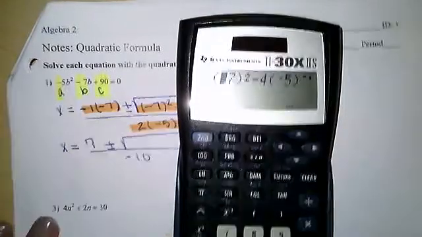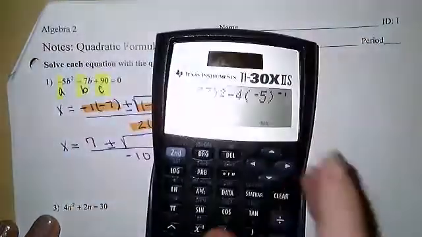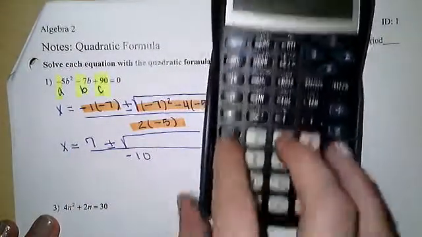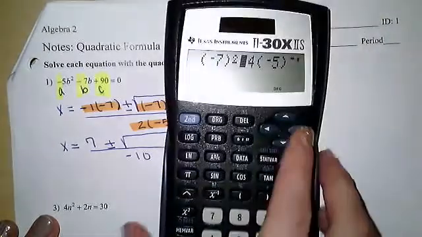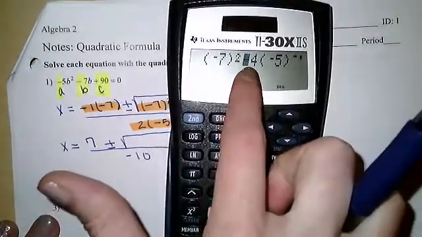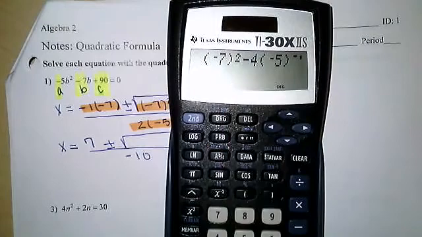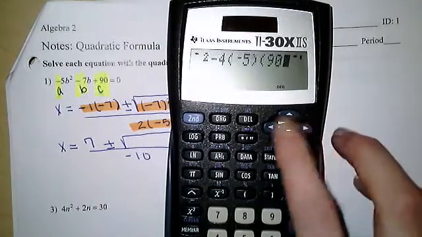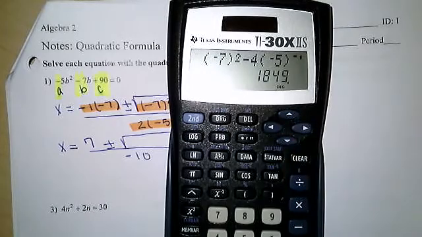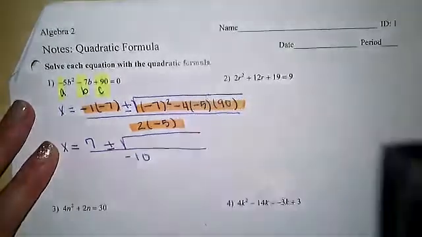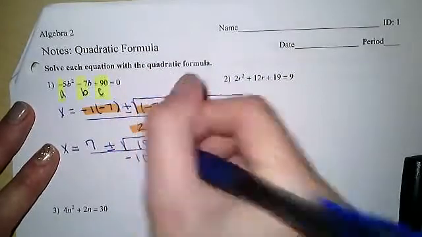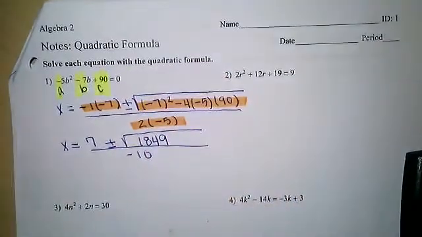Anything that's in parentheses, we use this little negative button. The squared is located right here by the x squared. Anything that's not in parentheses or not out front is a minus sign, not a negative. Good. It's going to be a really big number. 1849.